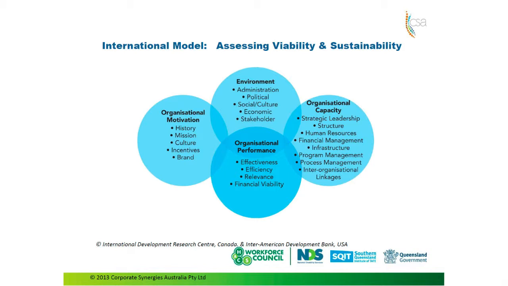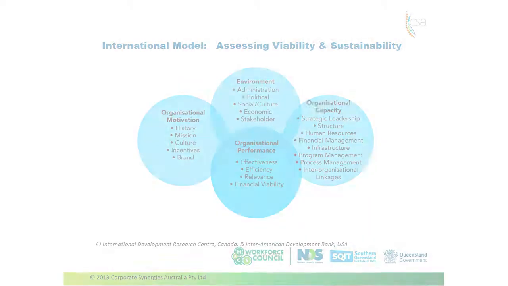And it is often the case that we're very good at some of these areas, but not necessarily very good in the areas as a whole. And the model says that if we do want to be a strong and sustainable organisation, we need to have an equal strength amongst all of these areas, not just relying on the areas that we've always been good at and ignoring those areas that don't really matter so much to us.